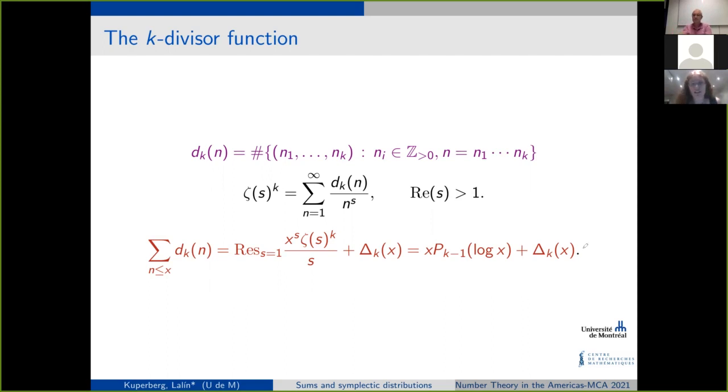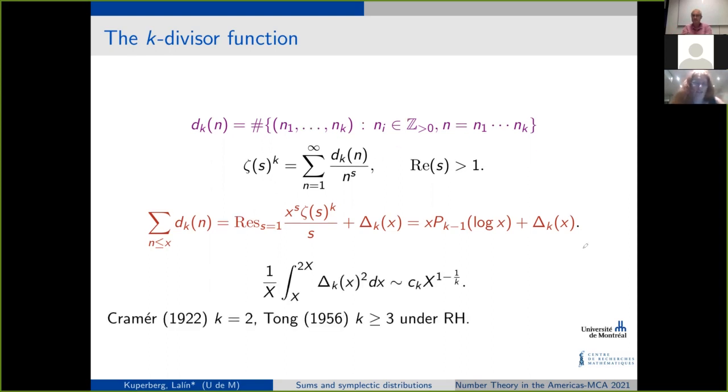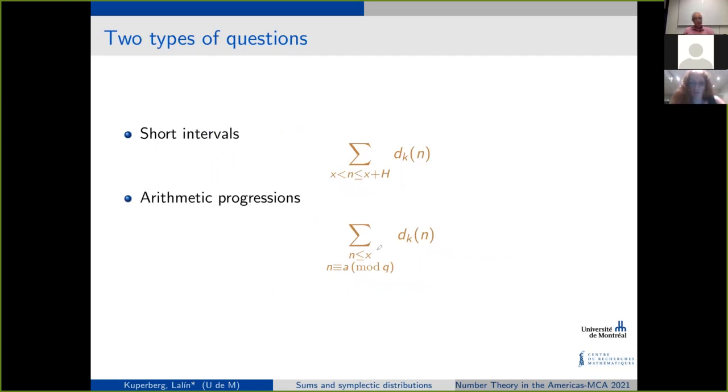If we want to study this distribution further, we want to consider, for example, the variance. A question about the variance would be to estimate the value of this integral. This is known for k equals 2 and for k greater than or equal to 3 under the Riemann hypothesis.